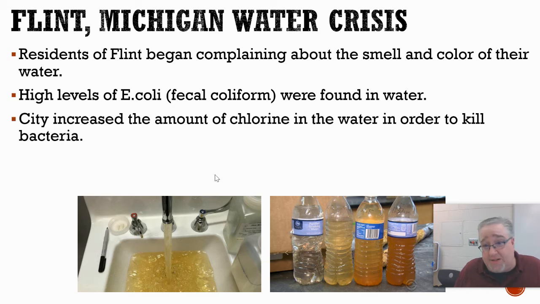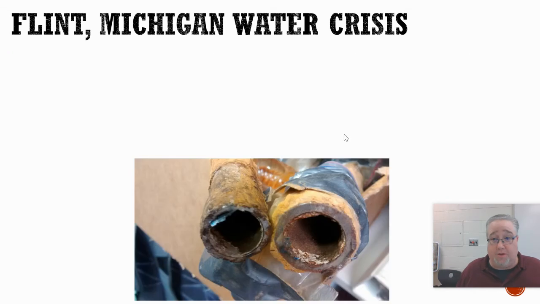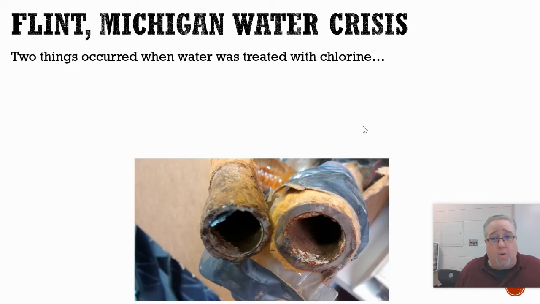So the city decided, okay, we'll clean this up for you. What we'll do is we'll just put chlorine in the water, which is how they treat a lot of water that has bacteria in it. They thought that would be a quick solution to the problem. Well, there's two problems when you use chlorine to treat water.